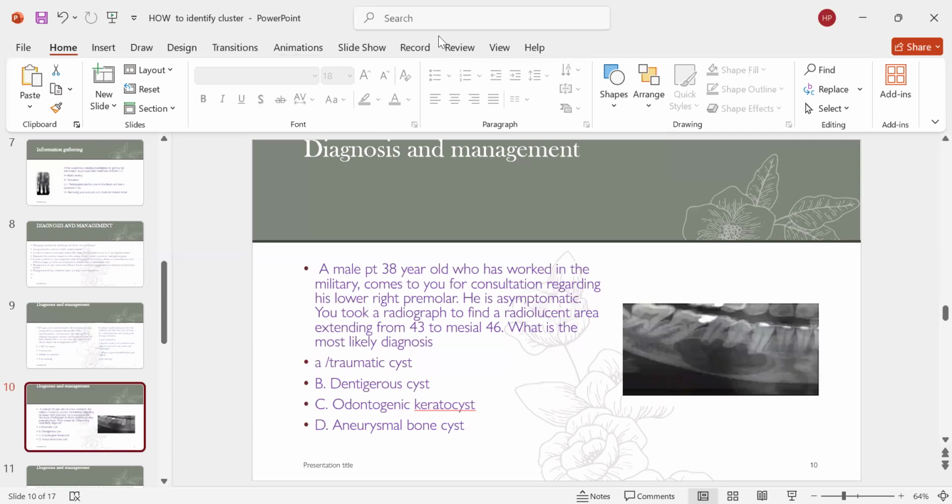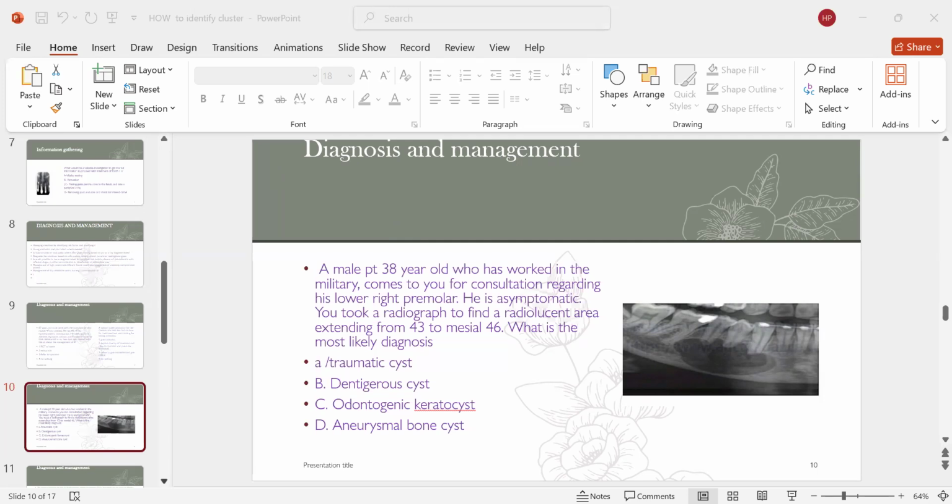I'm waiting for your answer, guys. You know the keywords in this scenario. Are they saying it's an impacted tooth? No. There is no blood history, no oozing blood. Yes, it's a traumatic cyst, right?